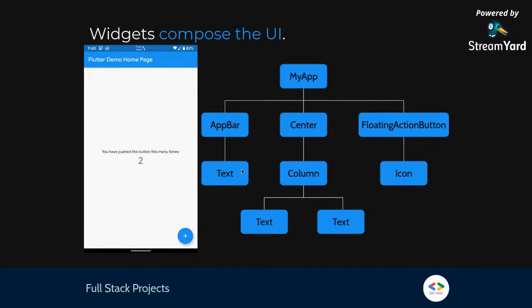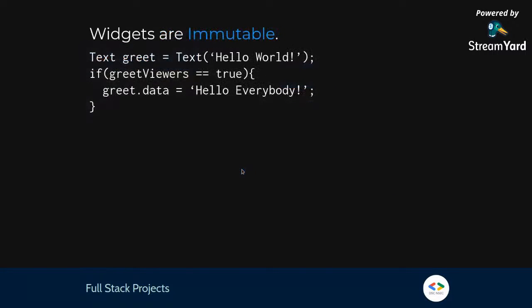So there's that. Now you might say that widgets are something like views, right? In native Android we have something called views which does the same thing. It represents the building blocks of the layout, right? So thinking about that, you might say that you can do something like this.